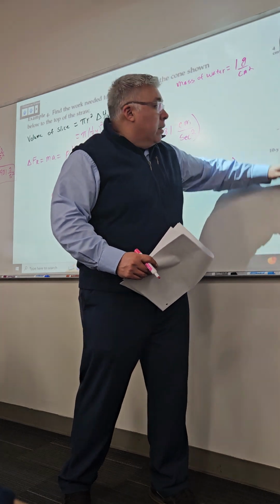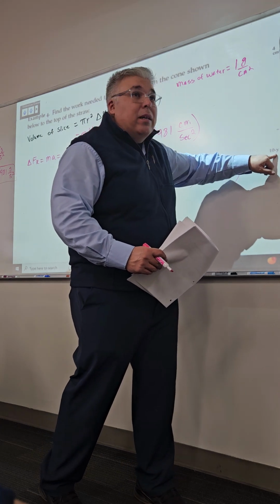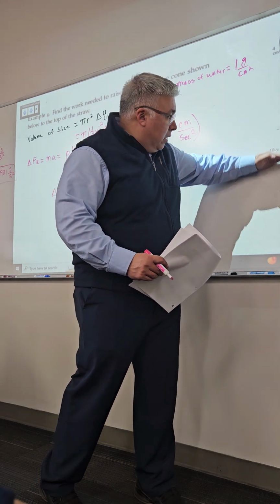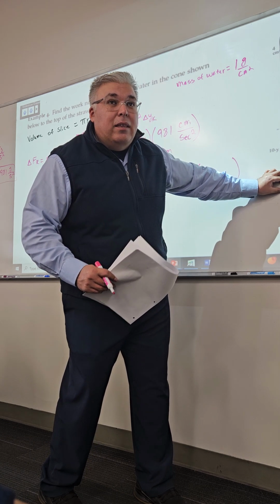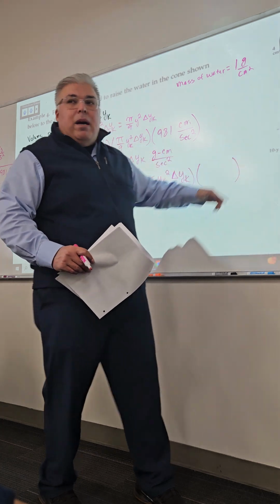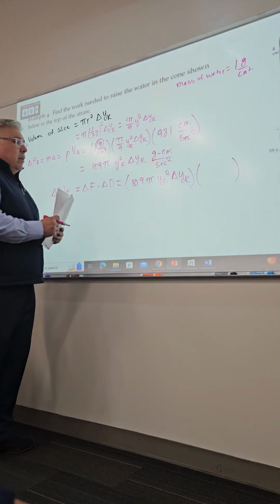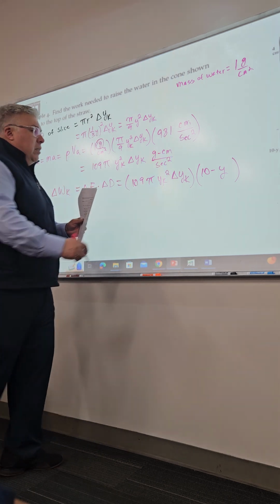So therefore, the distance when it comes to the work is going to be 10 minus what? Y. 10, the entire distance of the cone, minus the distance that that layer of water is from the bottom. Does that make sense? So 10 minus y. Y sub k right now.